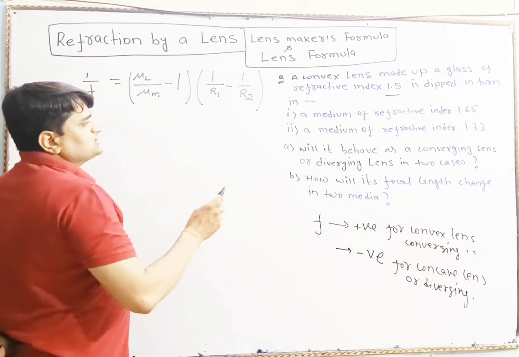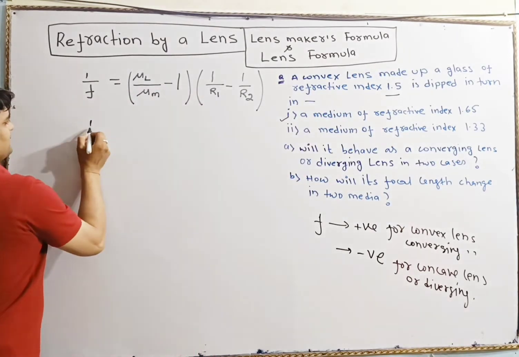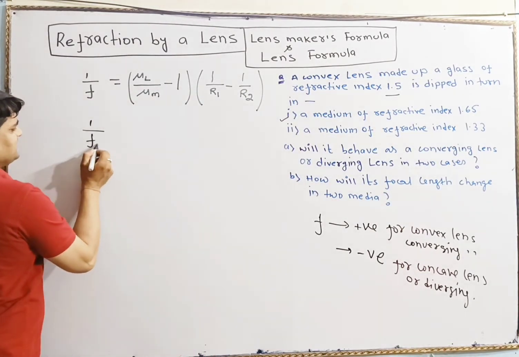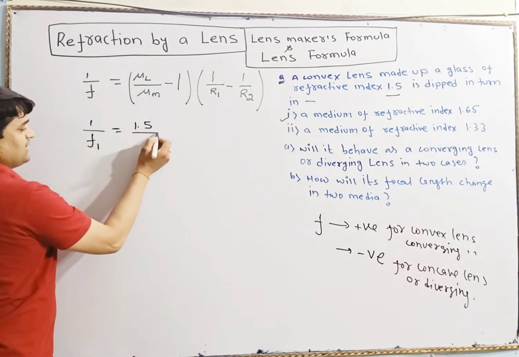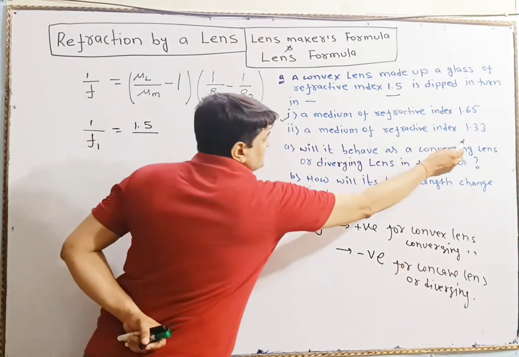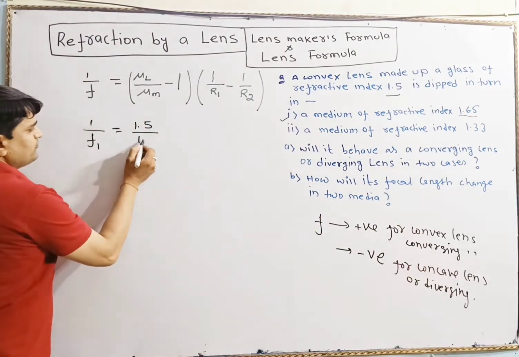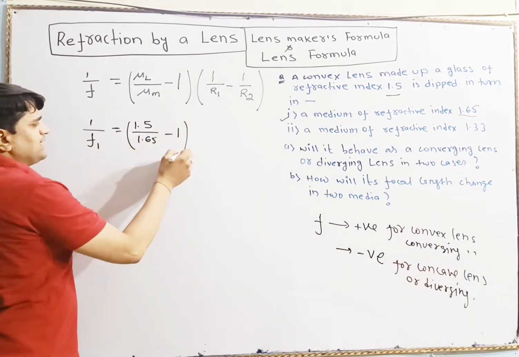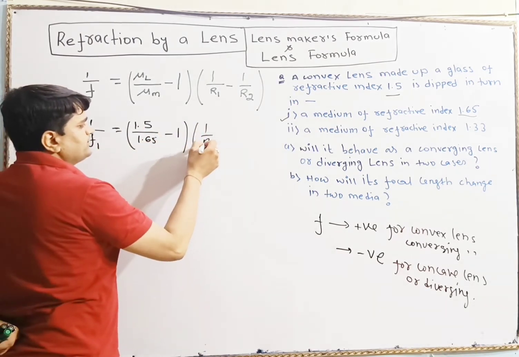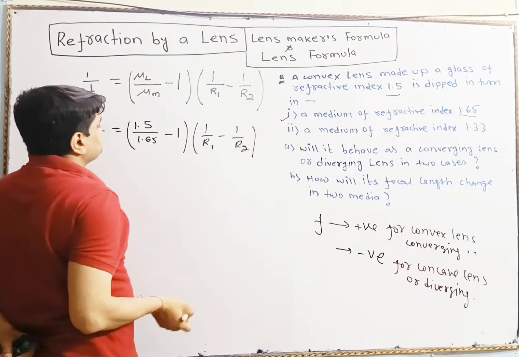Okay. Now see the first case. In the first case, it will be 1 upon f1, mu L is 1.5 and refractive index of the medium is 1.65, minus 1, and 1 upon R1 minus 1 upon R2.